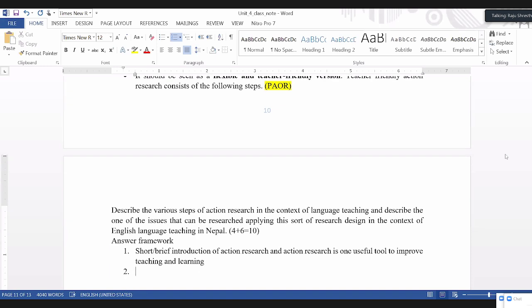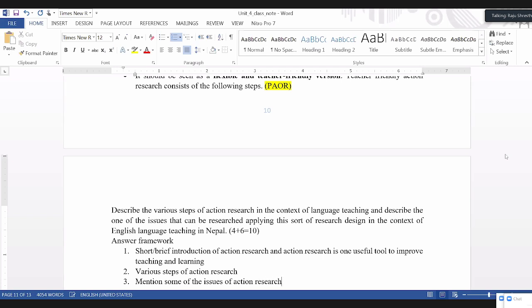Then we go to the various steps of action research. We discuss them. Then we discuss issues. Mention some of the issues of action research.